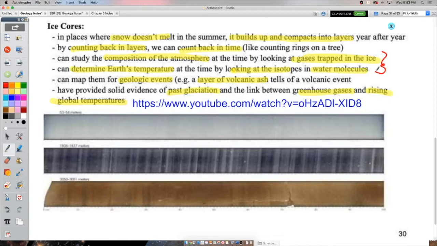When the atmosphere has more carbon dioxide, guess what happens to the temperatures? They go up. When the atmosphere has less carbon dioxide from the ice core, the temperatures from that layer are also lower. So not only can we study the link between carbon dioxide and temperature, there's a strong correlation between them throughout the Earth's entire history.